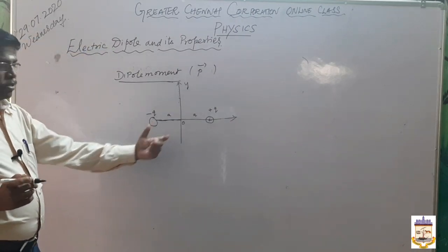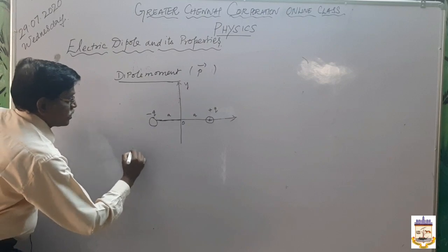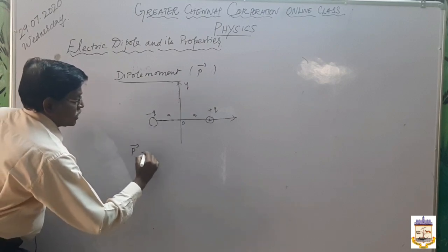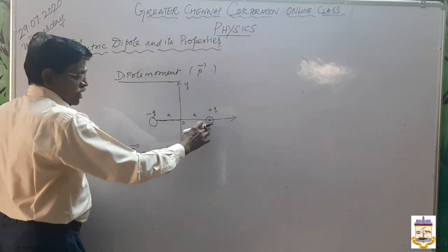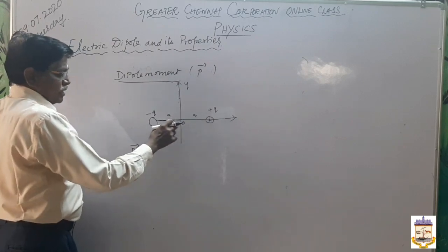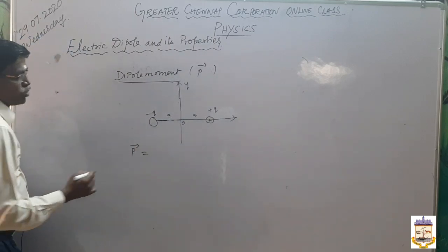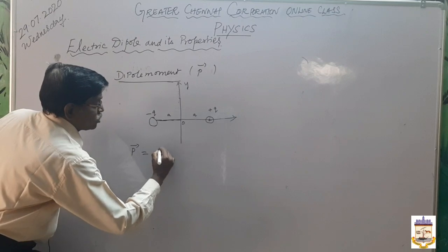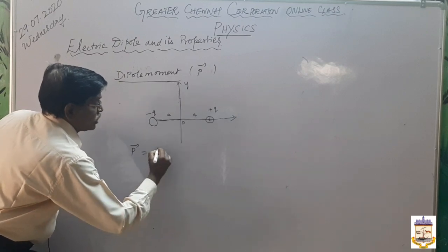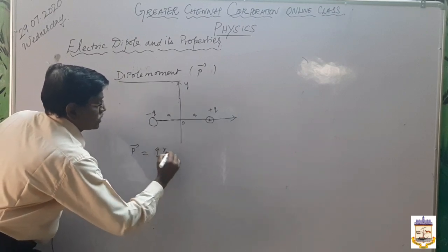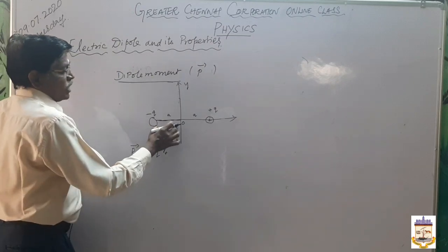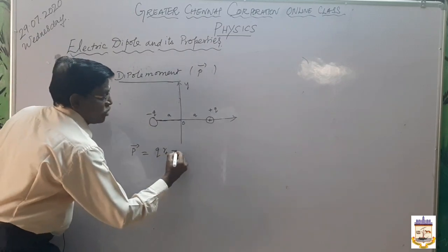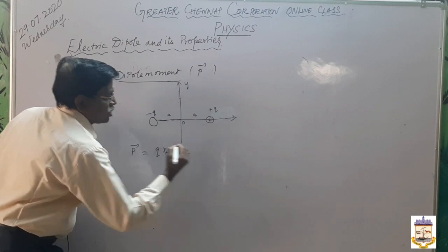The dipole moment P is a combination of the moment due to the positive charge and the moment due to the negative charge. The moment due to the positive charge is q into r plus. The moment due to the negative charge is minus q into r minus.